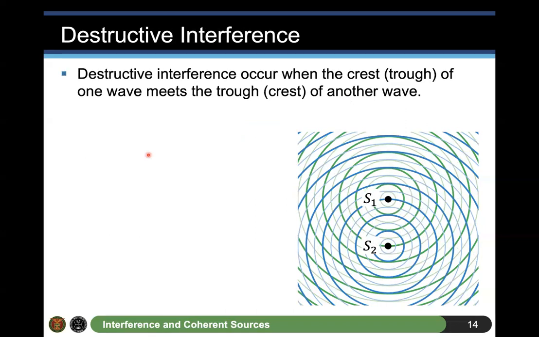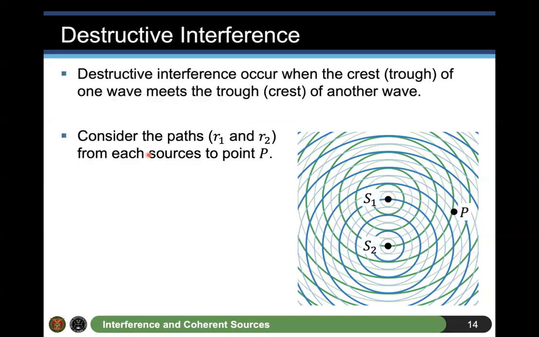How about destructive? So, how do we know if these two waves produce a destructive interference, or when or where? Okay? So, again, destructive interference occur when the crest of one wave meets the trough of the other wave, or vice versa. So, let's say this is our point P. So, R1.